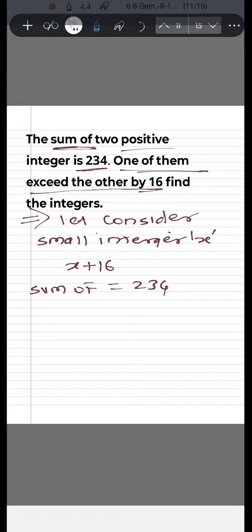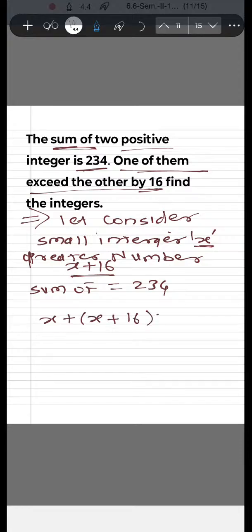So one number is x, another number is x plus 16, the larger or greater number. So here I can write this as x plus x plus 16 is equal to 234.